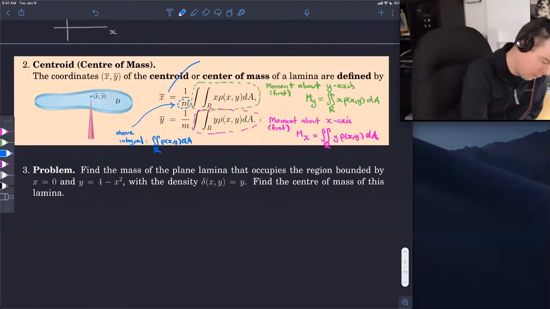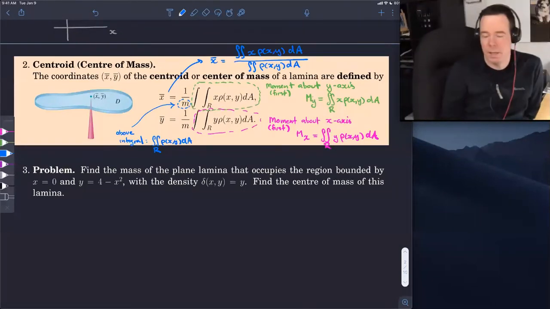The x center of mass is really the first moment about the y-axis, this integral here, x times the density, divided by the mass, which is another integral, the integral of just the density. So to find the x center of mass, we need to take the ratio of the first moment integral over the mass integral.